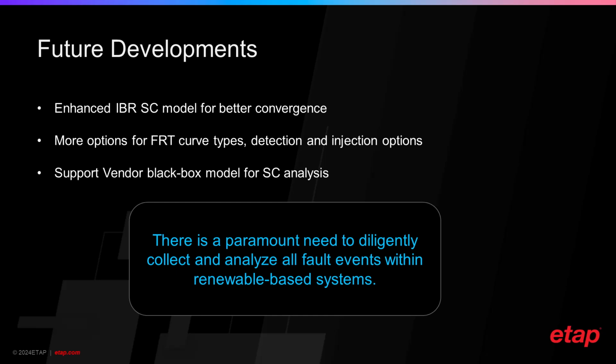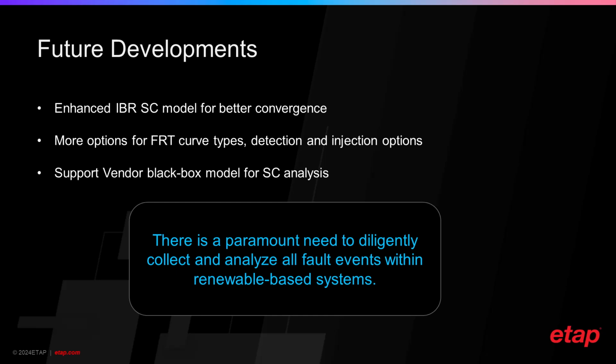As we transition to the next topic of this webinar, as you see, when it comes to the IBR, the performance of the IBR during a fault is heavily dependent on the IBR control logic and settings. So there is a paramount need to diligently collect and analyze all the fault events within your renewable system.